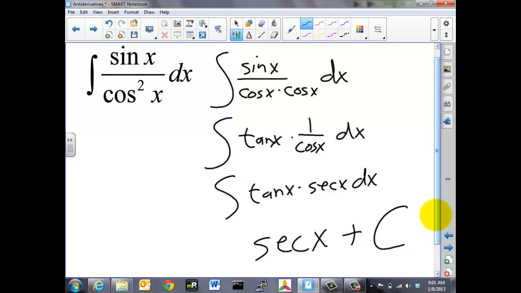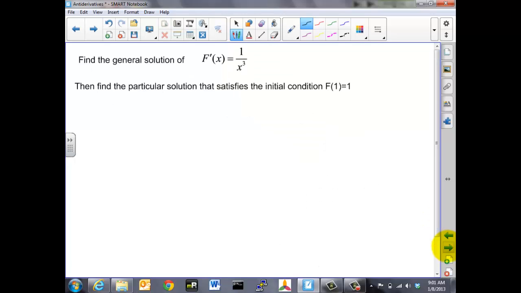Not much more to go, and then we'll have a little time. I told you about 35 minutes ago we were going to learn how to find something called the particular solution. Find the general solution of f prime equals 1 over x cubed. What does that mean? Take the antiderivative. Integrate 1 over x cubed dx.